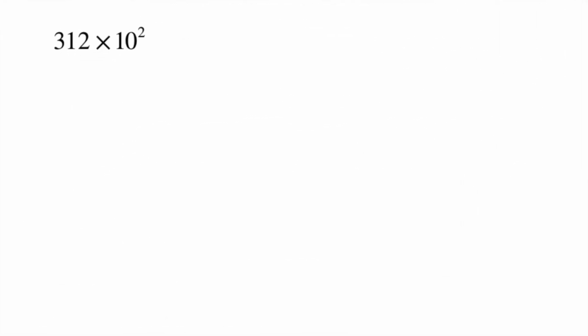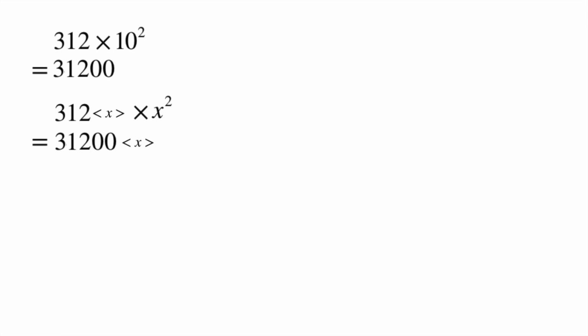Move on to digit change. Times 10 squared means 2 more 0. In X-nary, times x squared also means 2 more 0. This is what we did.